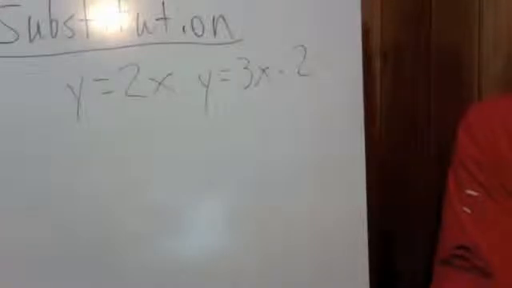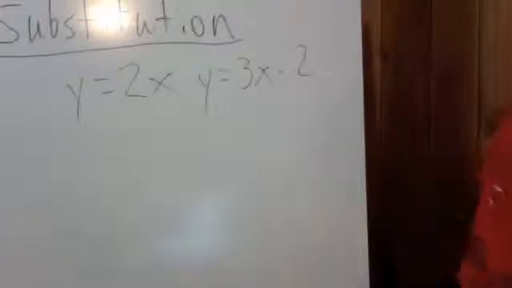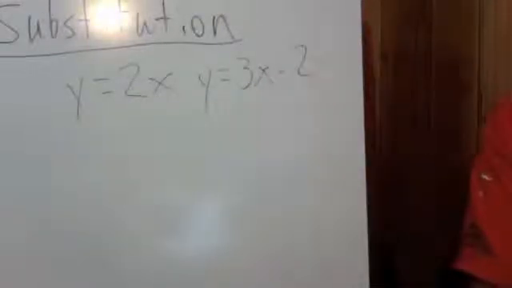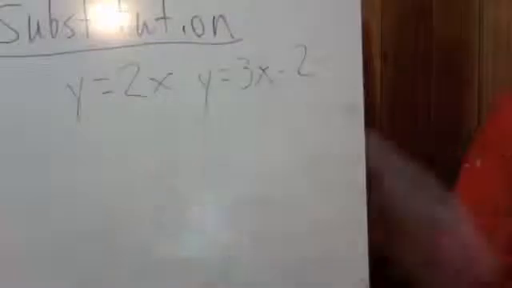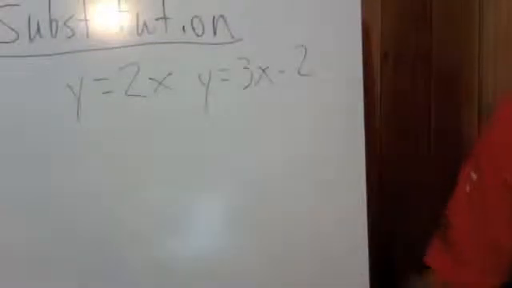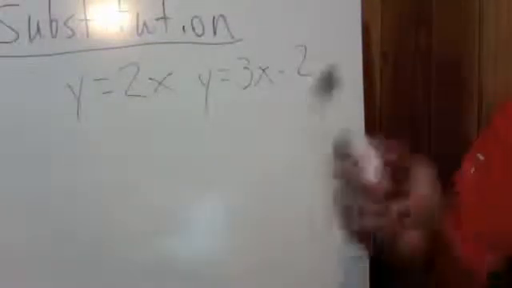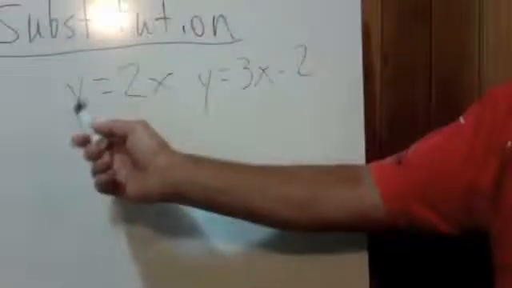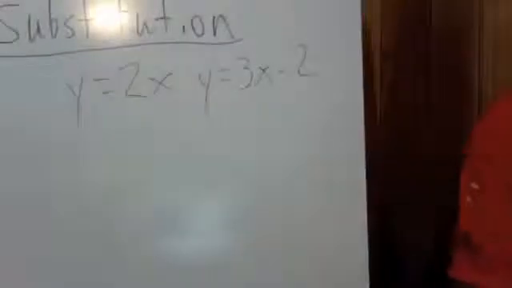Another method you could use besides graphing would be what's called substitution. I don't think I've ever said this before, so let's make sure I say it now. If I just gave you the equation y equals 2x, you have two unknowns.